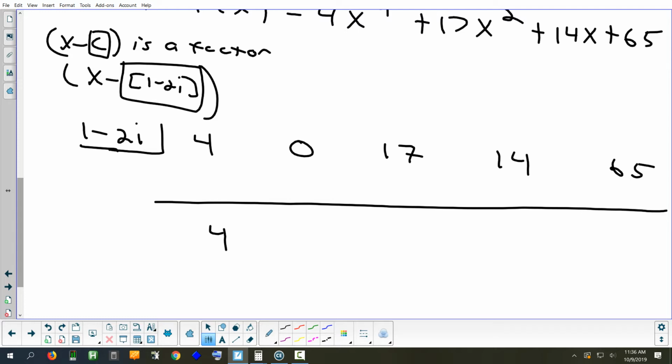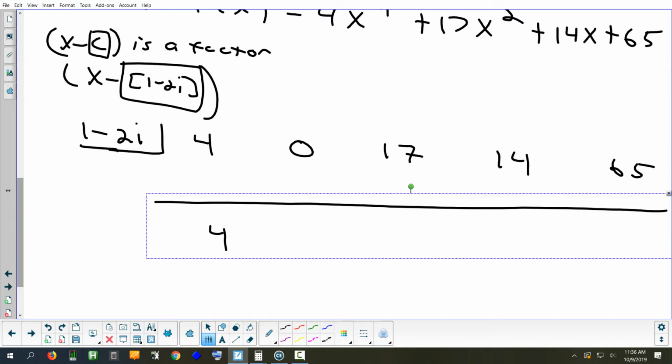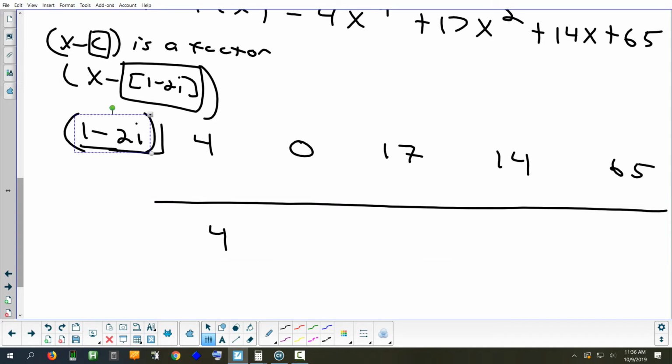And another negative 8i. So what's that? Negative 16i. And negative 2i times 8i. That's 16i squared, which is what number? What's 4 minus 16? So negative 12 minus 16i.